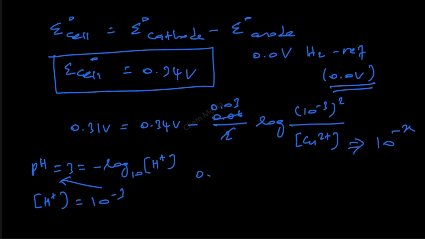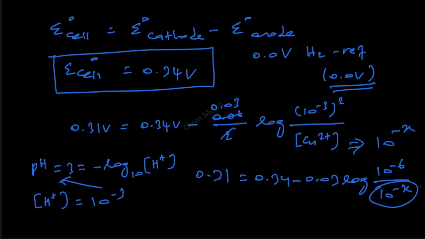So therefore 0.31 is equal to 0.34 minus 0.03 times log 10 to the power minus 6 divided by 10 to the power minus x. So if we bring this one up, it would become positive.